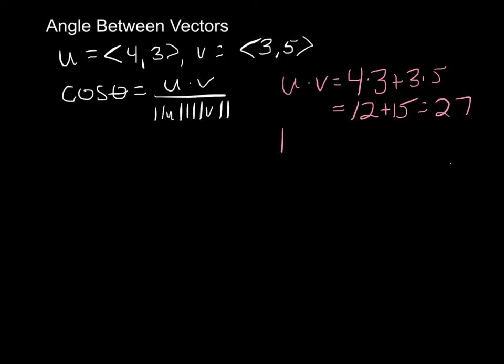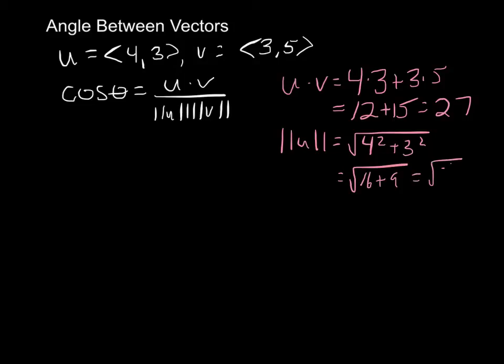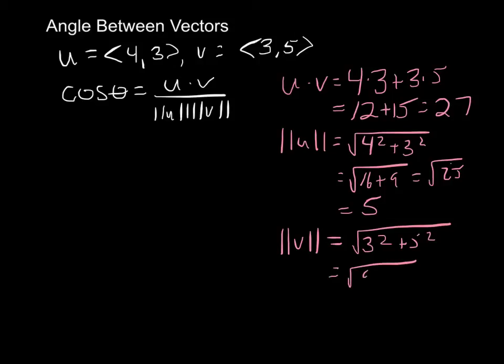We need the magnitude of u. So the magnitude of u is 5. And then we need the magnitude of v, which is radical 34.